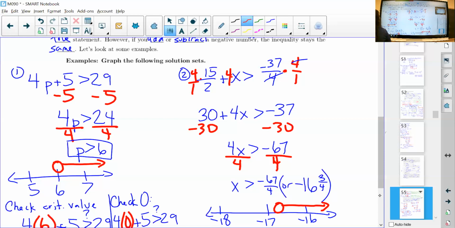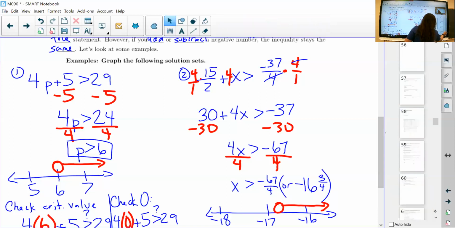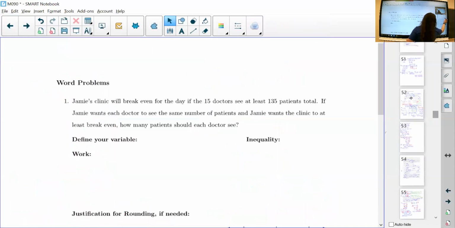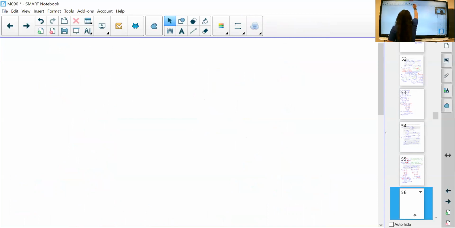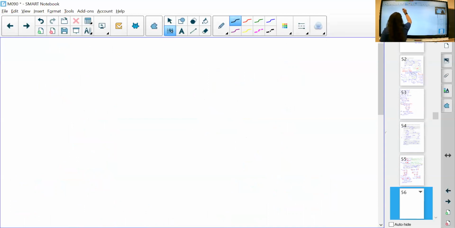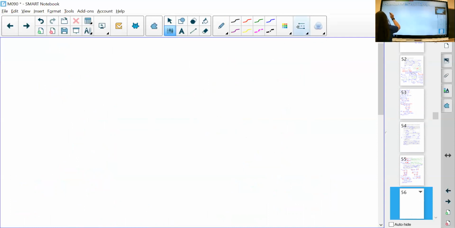Let's look at a couple more examples. So example 3.